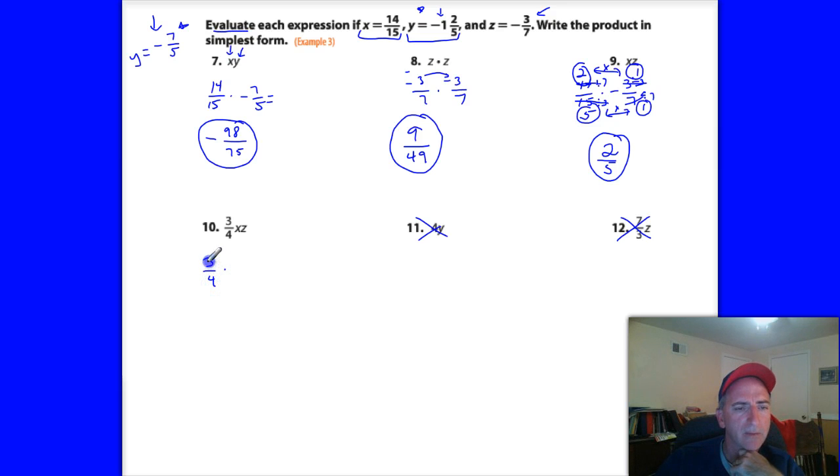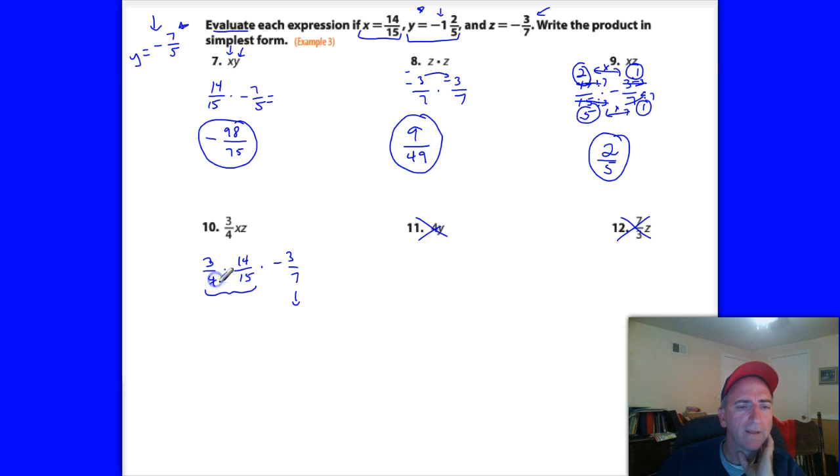So I'm going to recopy 3/4 times x, which is 14/15, times z, which is negative 3/7. The easiest way is to focus on one thing at a time, so I'm going to look at the first two and see if I have any common factors.